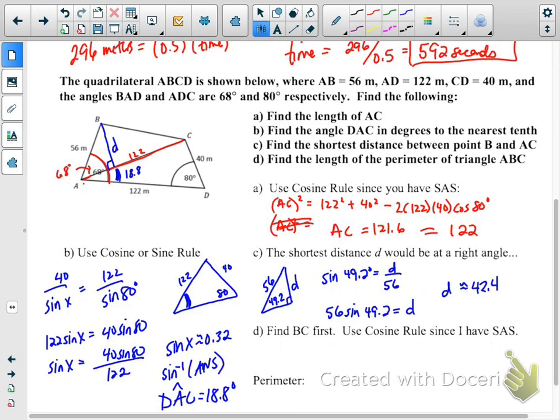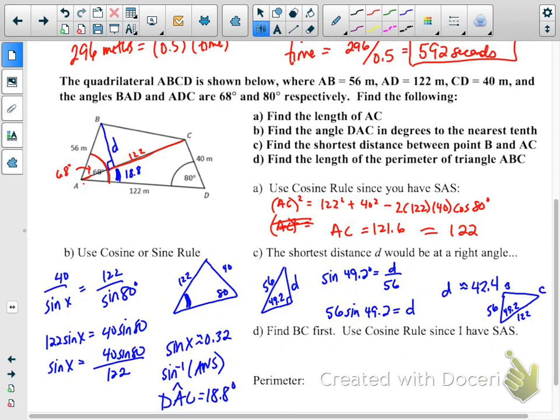So to find BC then, let me draw this triangle. Actually, let me draw the triangle right here because I'm afraid I'm not going to have room. This is 56. This is 49.2. This is 122. And I'm looking for BC.